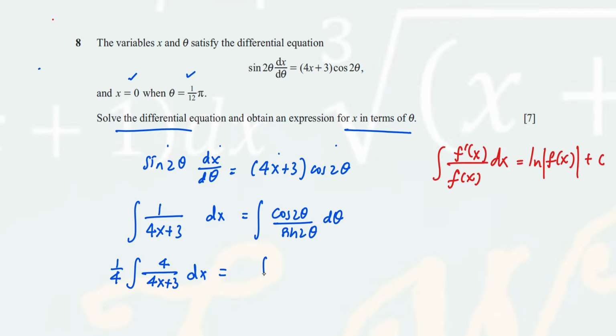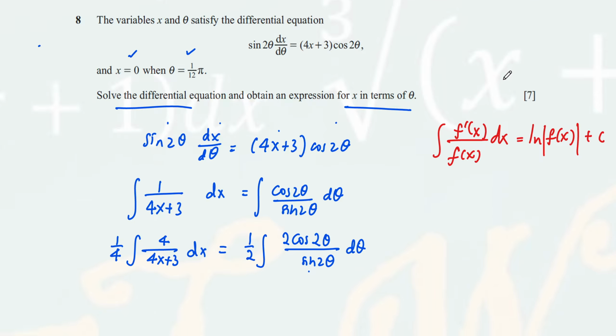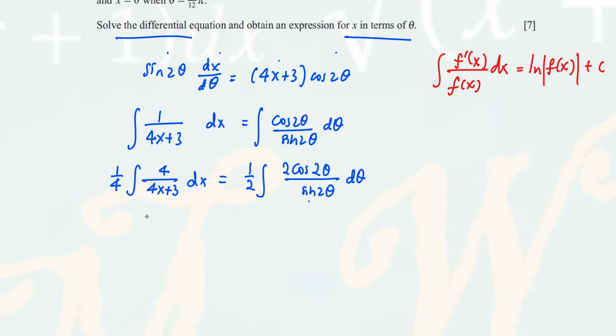Now for the sine 2 theta, if I differentiate sine, I get cos 2 theta remains. Differentiate 2 theta is 2. So to get back the previous, I got to times half outside. Therefore, the left hand side integration is basically 1 over 4 ln of 4x plus 3. The right hand side is half ln sine 2 theta plus c. I put a modulus for the ln because ln must be of a positive value.